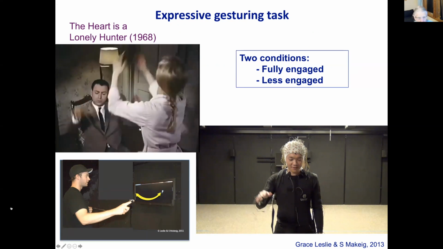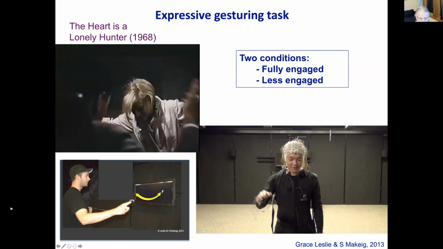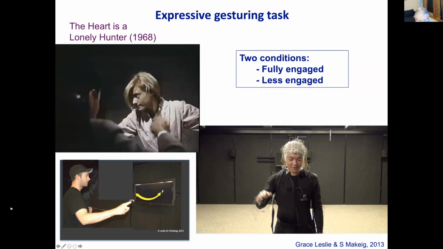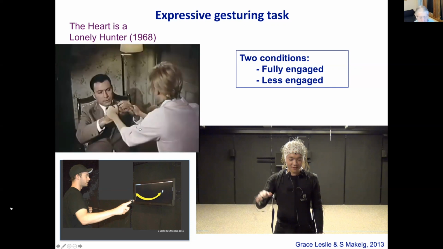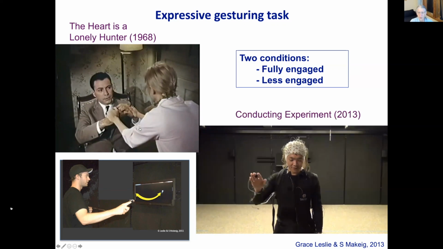We asked the subject to imagine that their friend was viewing this screen somewhere, and he was listening to music and trying to make gestures, conducting gestures that would, like this woman did in the film, give the feeling of the music. Was it boom, boom, boom, or was it boom, boom, boom, etc.? And on the right, we have a lab programmer trying to do this.